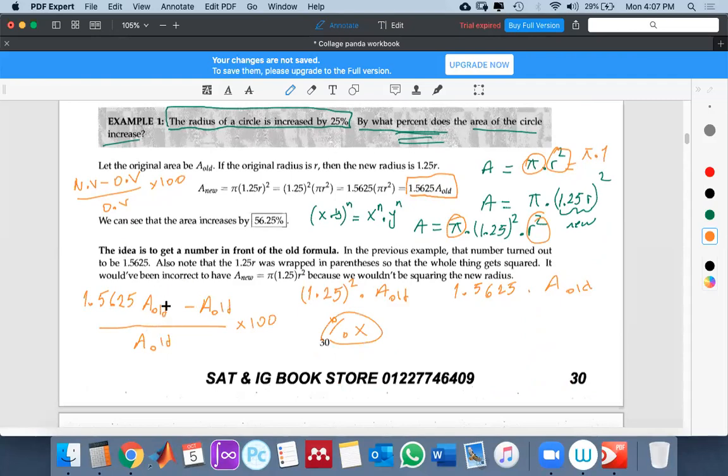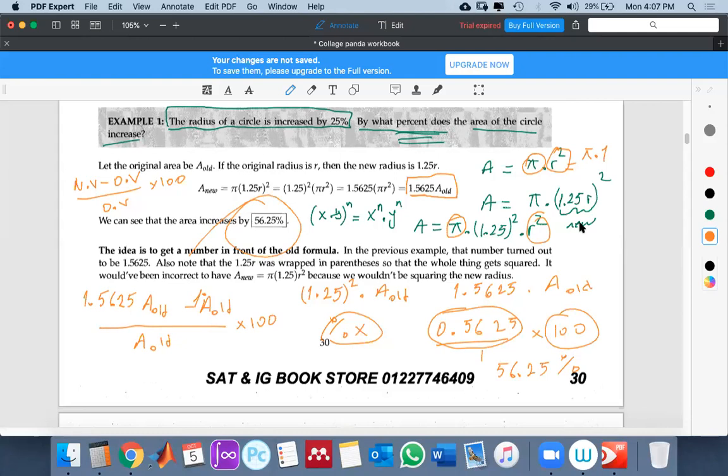So from 1.5625 area old minus 1 area old will be 0.5625. Old area is 1, times 100. So 100 multiplied by this decimal number will be 56.25. So I have a 56.25% change.